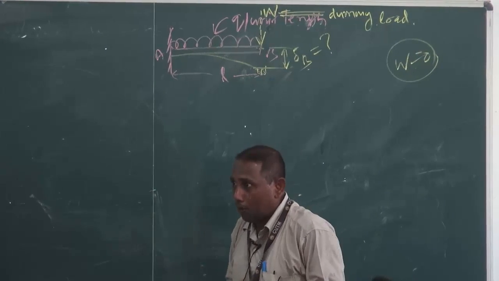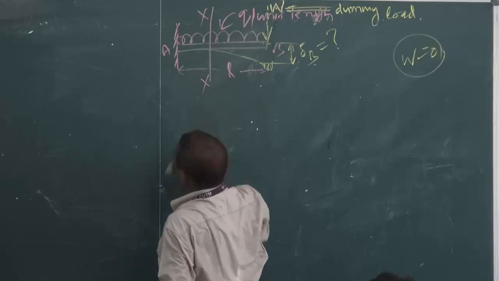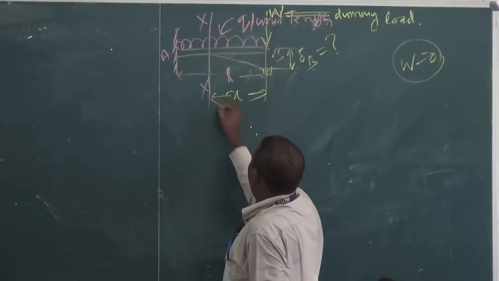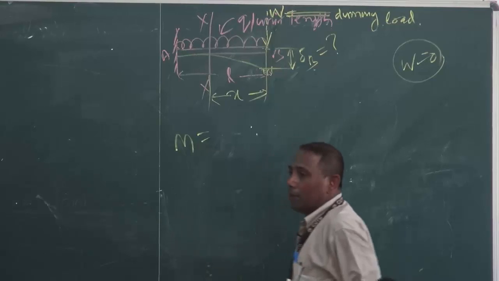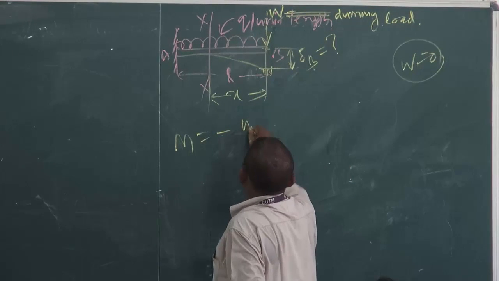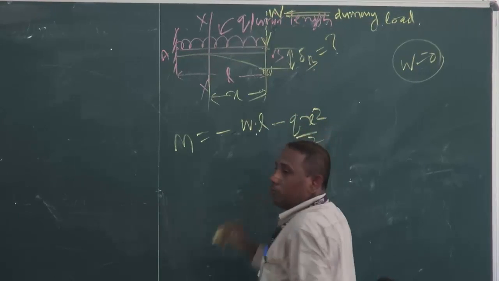So how to solve now? Let us take the same approach. Let us take any section XX at a distance of x, and what is M here? M is equal to minus W into L minus qx square by 2.